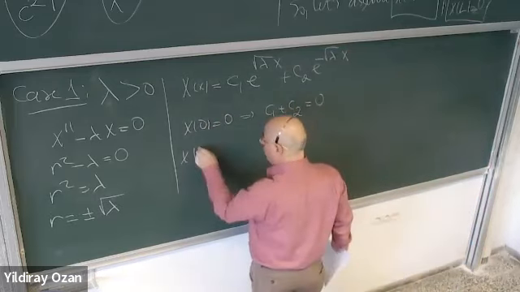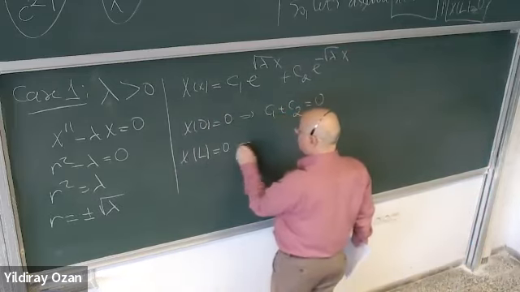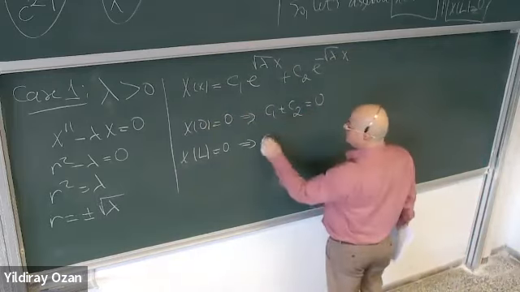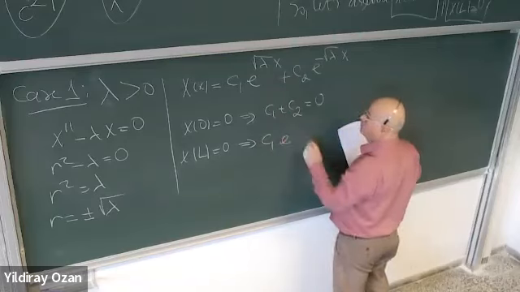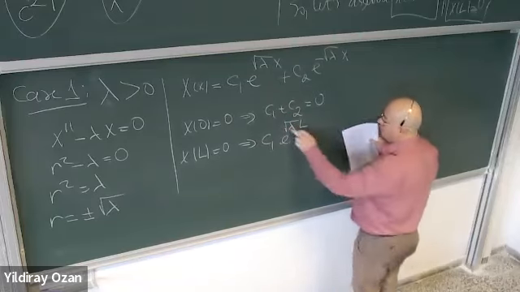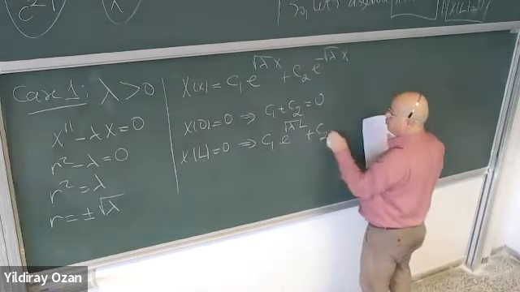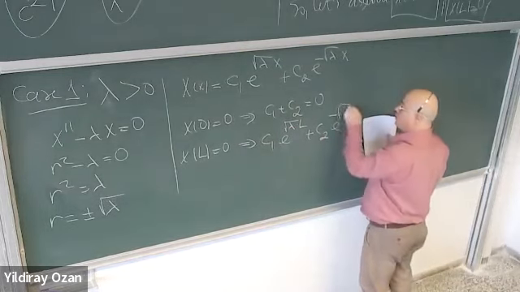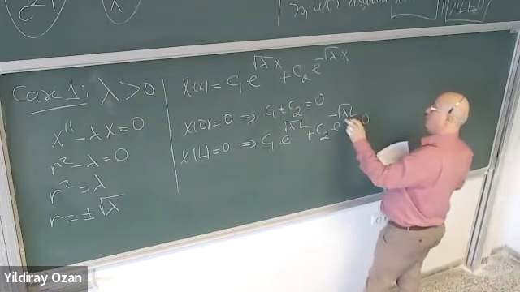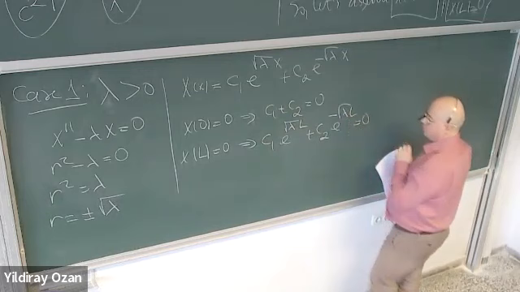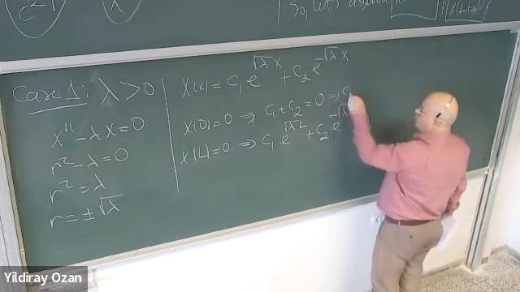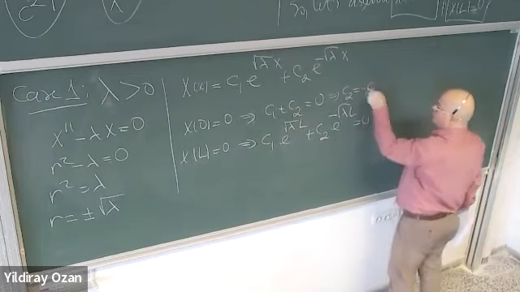We had done this computation before. If you plug x of L equal to 0, you get C1 times e to the power square root of lambda times L plus C2 e to the power minus square root of lambda times L is 0. And here, of course, we know that C2 is just minus C1.